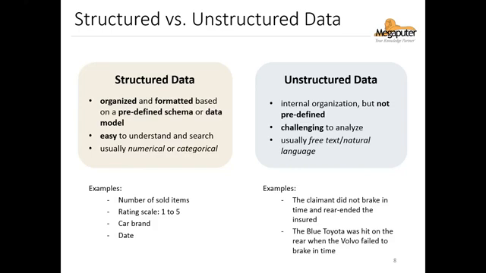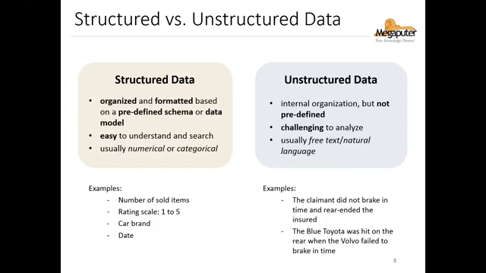So now text itself does have an internal organization that we as humans can understand and analyze because we have the relevant linguistic knowledge. But natural language is not easily understandable by computers. So as humans, we understand that these two examples here, the claimant did not brake in time and rear-ended the insured, and the blue Toyota was hit on the rear when the Volvo failed to brake in time, are two similar examples of car accidents, but a computer doesn't automatically know that type of information.